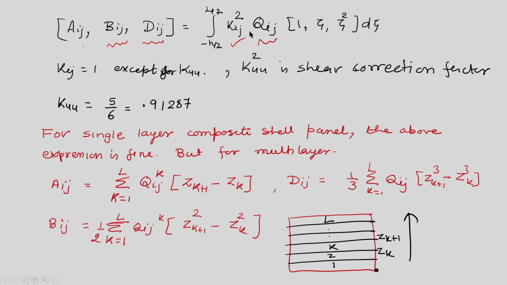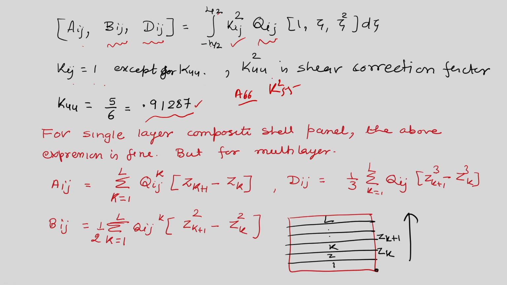Kij is 1 except for the shear correction factors A44 and A55, so there K square 55 is also there. The shear correction factor is going to be 1 otherwise it is taken as 0.91287.